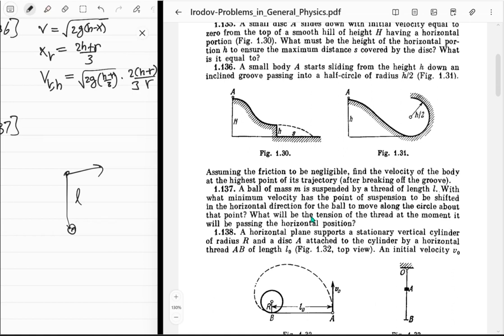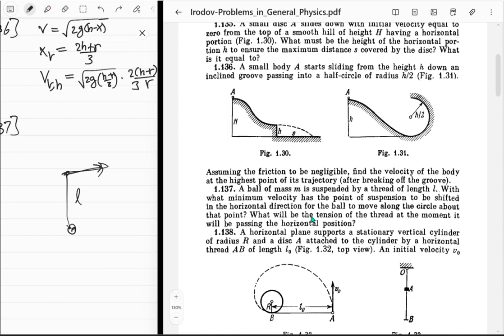They didn't even give us a figure. For the ball to move along the circle. I have no idea what they're talking about. Oh, okay. I think what they're saying is this goes like that, and then this starts going up. Well, I don't know if this is actually going to happen.